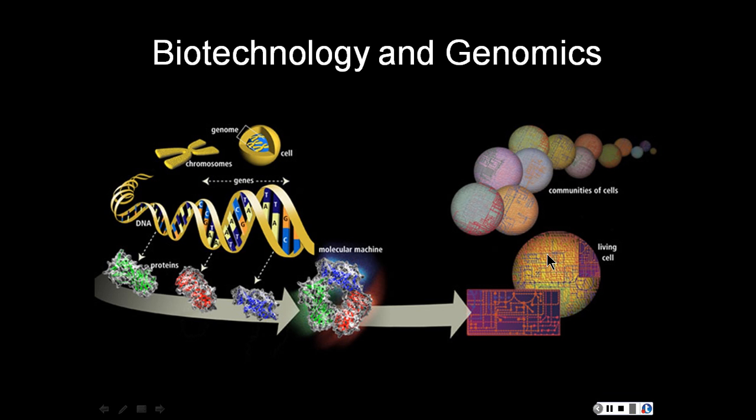We also want to understand the interconnections between cells so that we understand how life relates and exchanges information to cause the body to function the way it does, to cause communities of bacteria to form biofilms, or for all the communities of different kinds of cells to exchange nutrients in a food web, right? Ultimately, we want to understand life, and DNA is at the base of all of that.